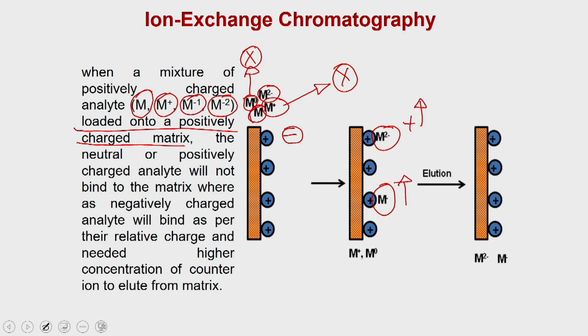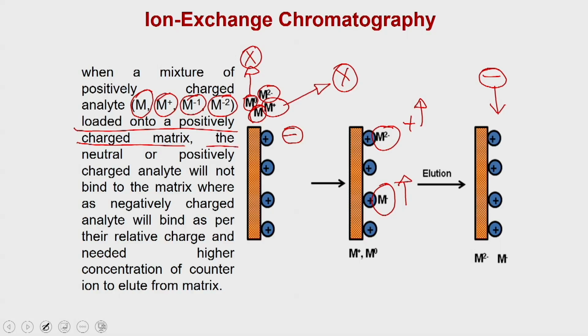Once they are bound, you can wash the column and remove the neutral M as well as M plus. Now you can put in another negatively charged competitive ion, and that is going to remove M minus first and M2 minus on the second occasion. That is how it separates the complex mixture which contains proteins of different charges.